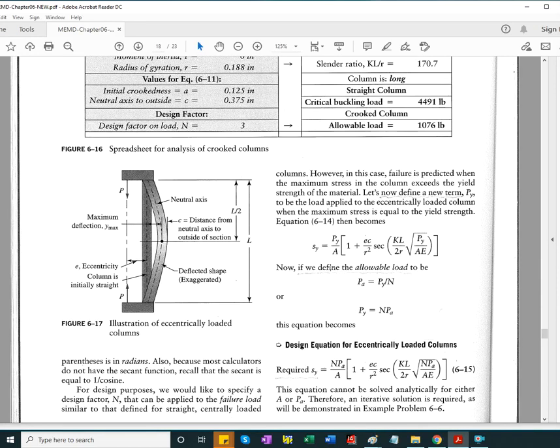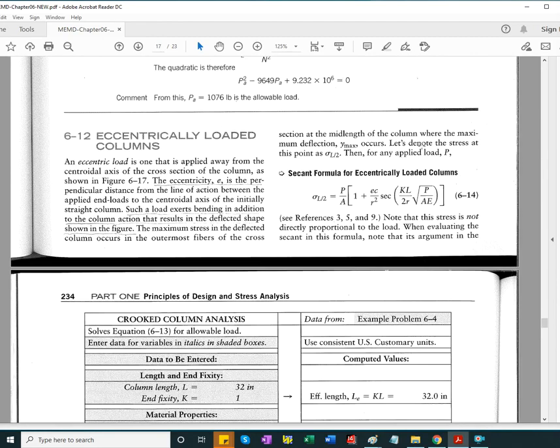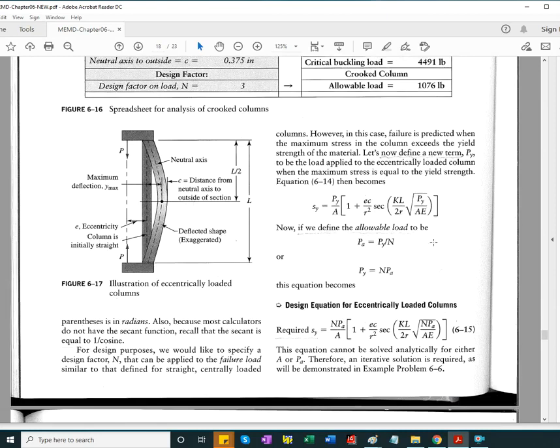First, the case where we have yielding is of some importance to us. So this would be the axial load that's causing yielding. It's a repeat of this equation where instead of sigma at L over 2, I'm using the yield strength of the column material, and this is the load that's causing the yielding.